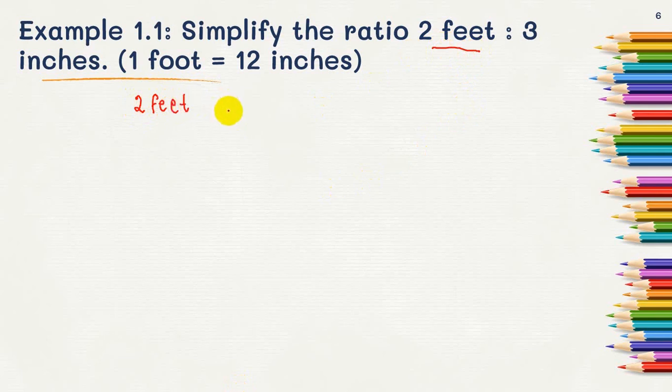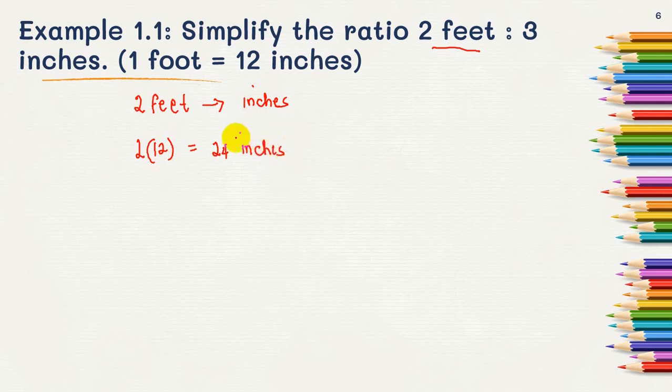What is the equivalent of 2 feet in inches? For every 1 foot, the equivalent is 12 inches. So you multiply 2 times 12. 2 times 12 is 24 inches.